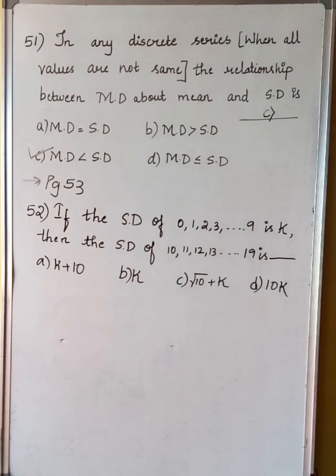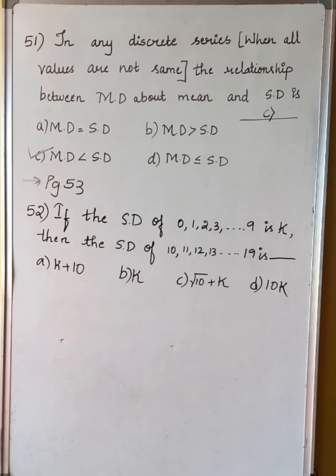I think I have already explained. It is nothing but the change in the origin, whether it is increased or decreased. Or I can even consider it as a change in the scale, whether it is multiplied or divided. Here the observations are given. If you want, you can even solve using the variance formula and you'll get the same answer.